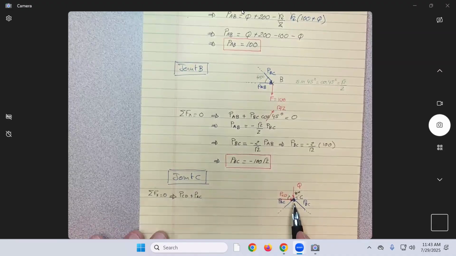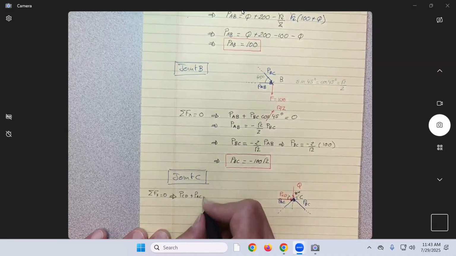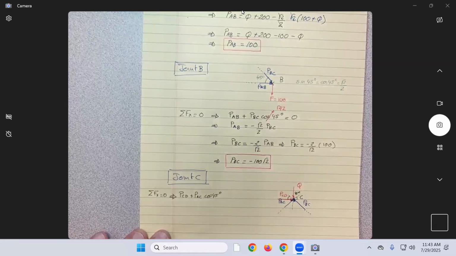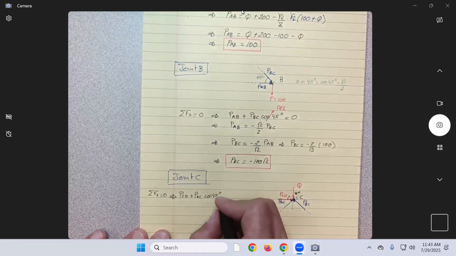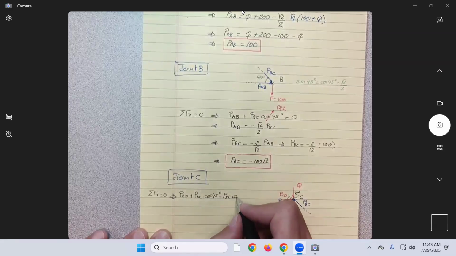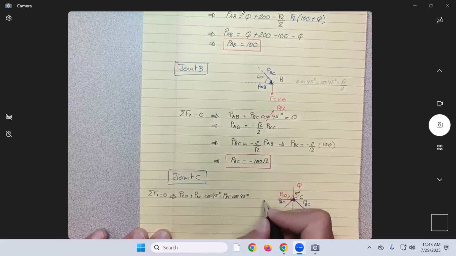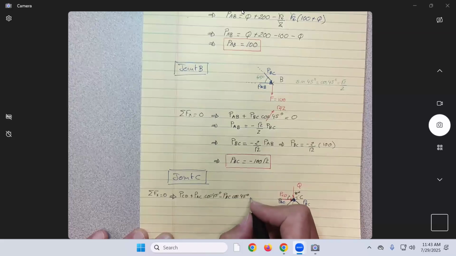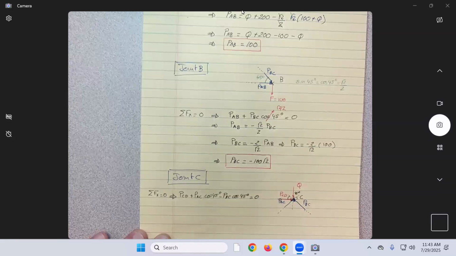I mean, it's 45, so it doesn't matter which one you take, but it will be cosine 45 with the picture we have, minus PBC because it's going in the opposite direction, also cosine 45, equal to 0.